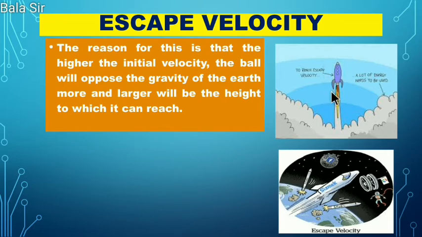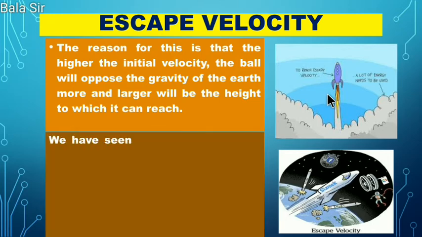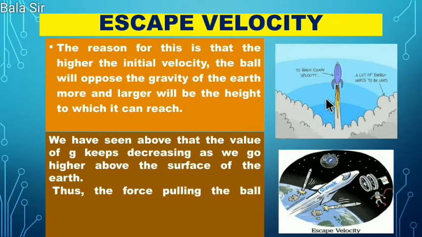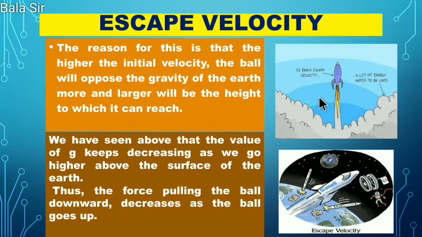So the rocket goes to a greater height in space and it does not come down. We call it escape velocity. We have seen above that the value of g keeps decreasing as we go higher above the surface of the earth. Thus, the force pulling the ball downward decreases as the ball goes up.